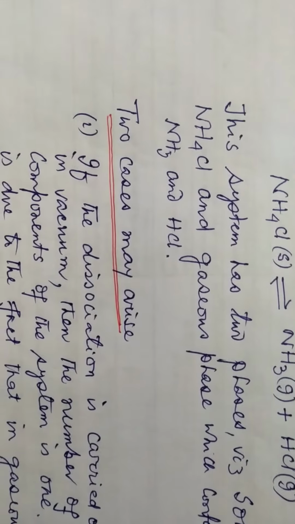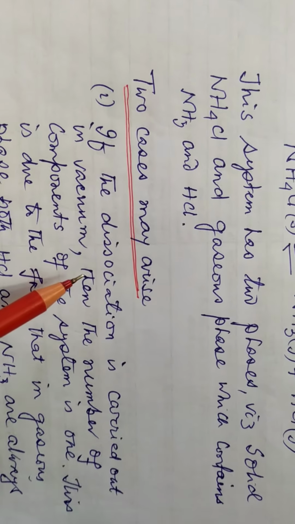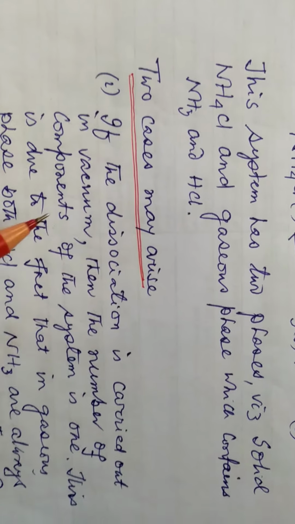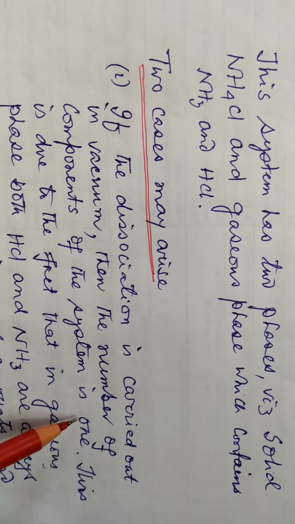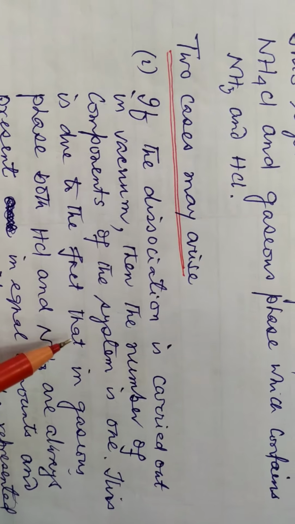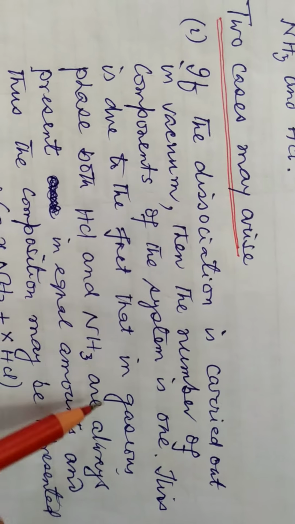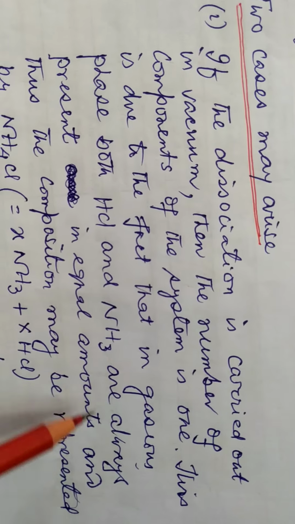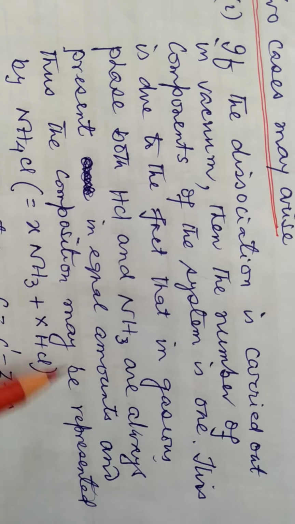Now, two cases may arise. If the dissociation is carried out in vacuum, then the number of components of the system is 1. Why? This is due to the fact that in the gaseous phase, both HCl and NH3 are always present in equal amounts, and thus the composition may be represented by NH4Cl.